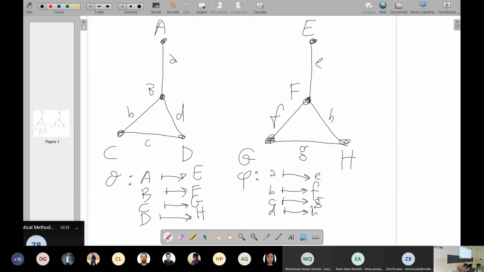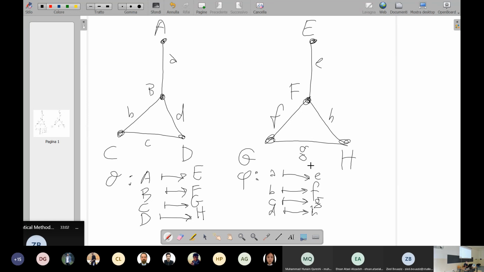Capital F, capital G, and actually capital F is the image of capital B, capital G is the image of capital C. So the condition is satisfied not only for small b and small f, but also for small a and small e, small d and small h, small c and small g. So this is actually an isomorphism between these two graphs.